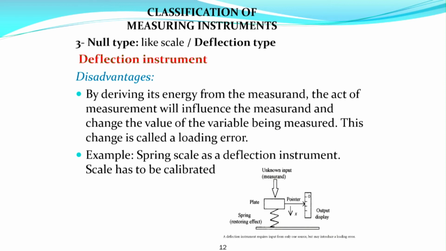Disadvantages: the instrument derives its energy from the measurement. The act of measuring will influence the measurement and change the value of the variable being measured. This change is called a loading error. Example: a spring scale as a deflection instrument. The scale has to be calibrated.